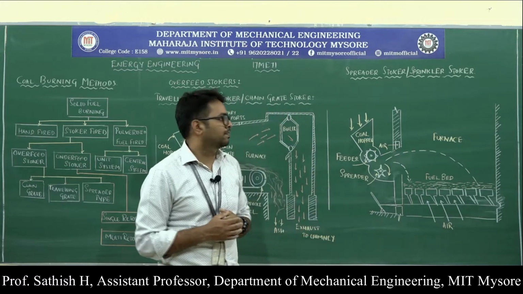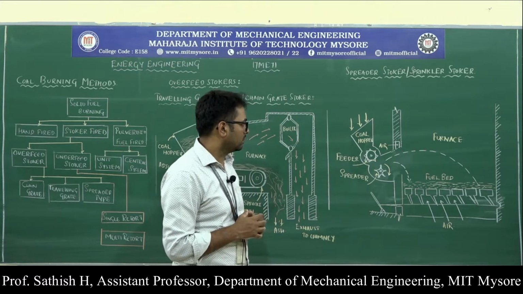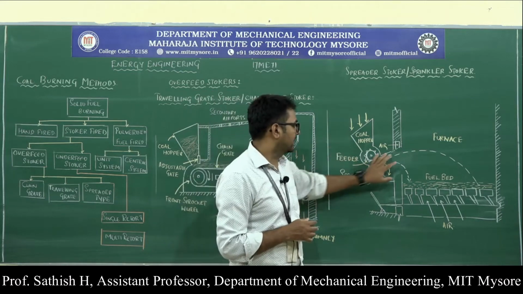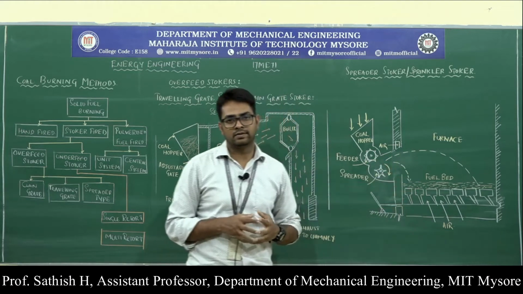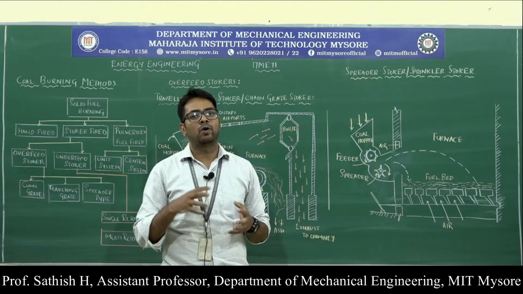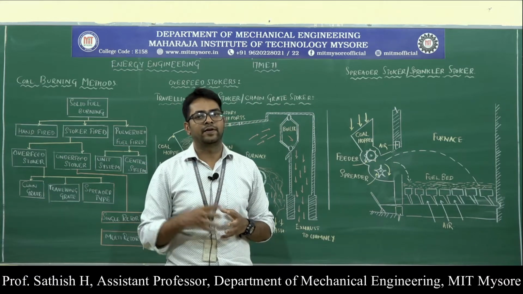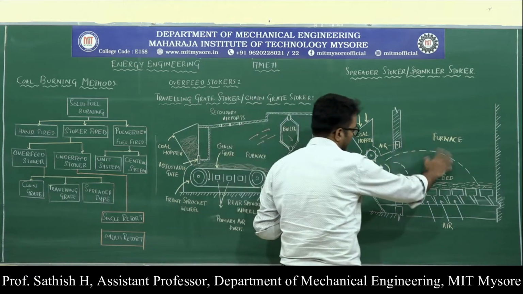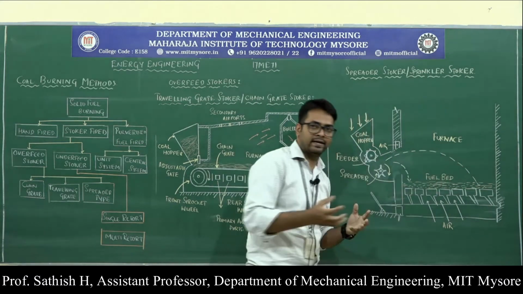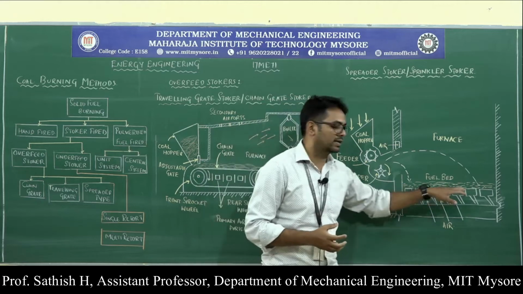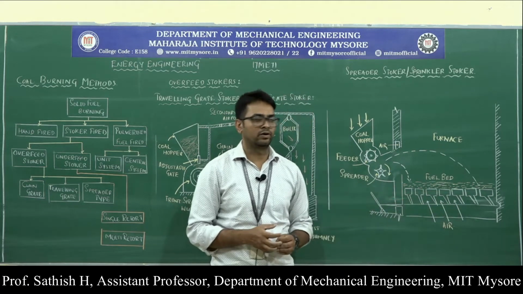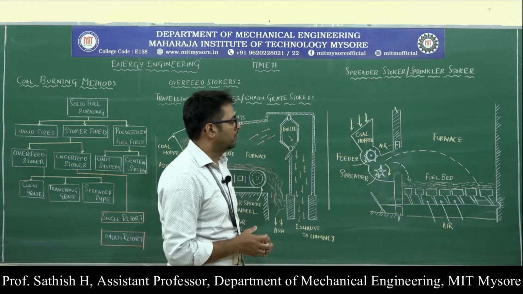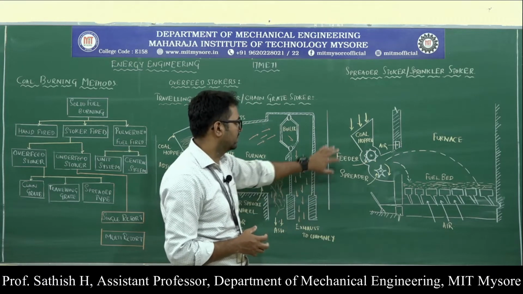In this case, the fuel is coal, and it burns partly in the air and partly on the bed. So when this is thrown here, it burns partly in the air as well as partly on the fuel bed. We also have different components.